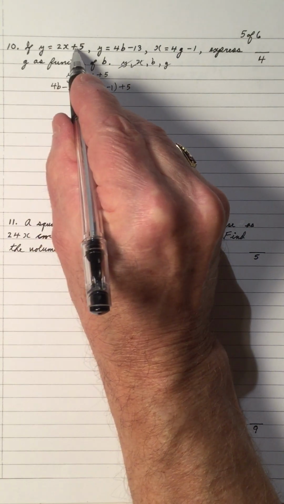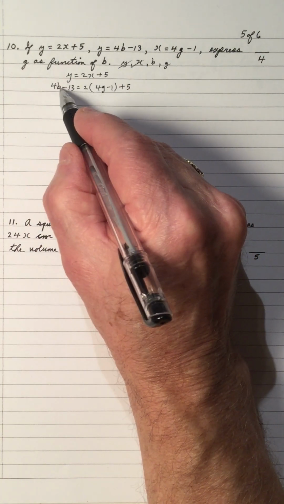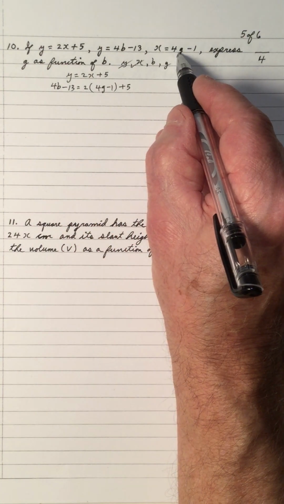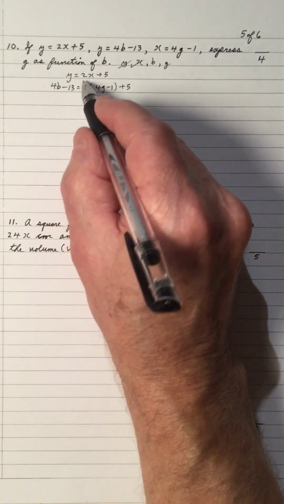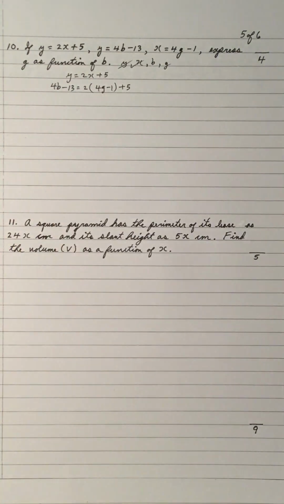By taking this equation and subbing in 4b minus 13 for y, and subbing in 4g minus 1 in the place of x, now we have the y gone and the x gone. We only have the b and the g.